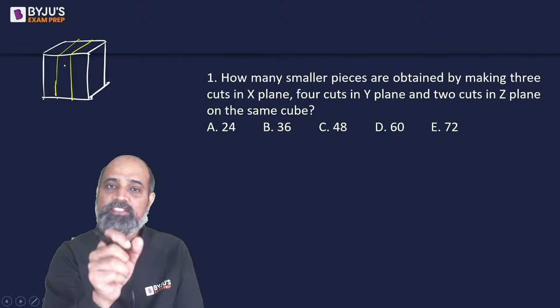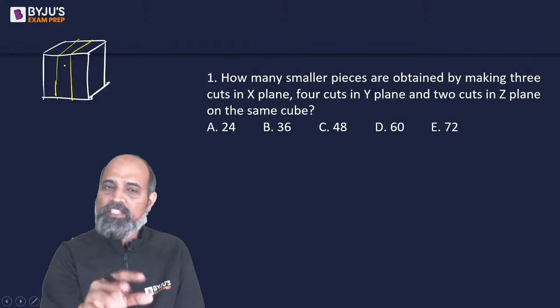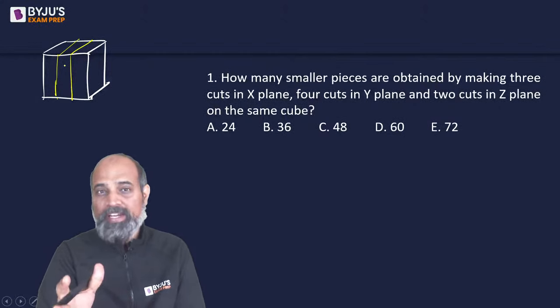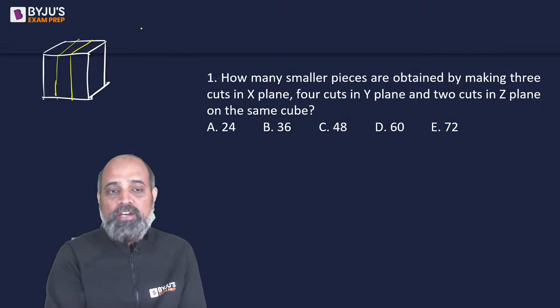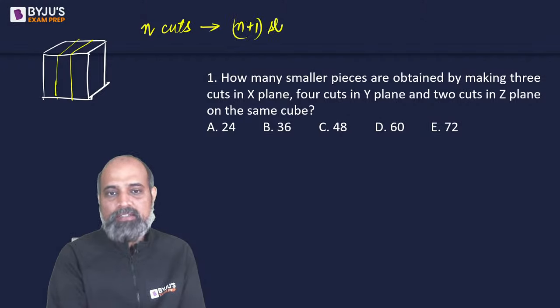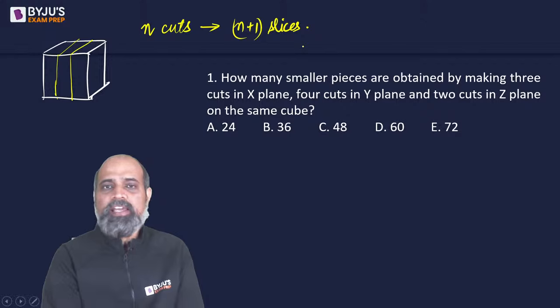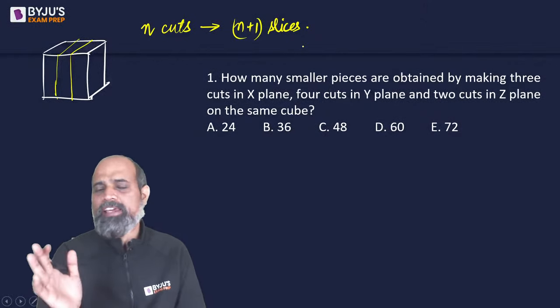There are 3 slices of bread. If you assume this cube was a bread initially, you will get 3 slices of bread. So if you are going to have n cuts, you will end up having n plus 1 slices in any particular axis, along any axis.